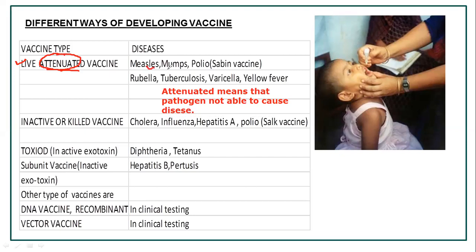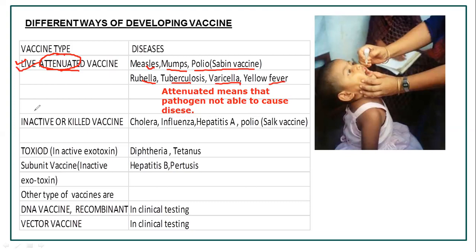The polio vaccines are of two types: the oral polio vaccine, the Sabin vaccine, and the Salk vaccine, right? Rubella, tuberculosis, varicella, and yellow fever are all live attenuated vaccines.